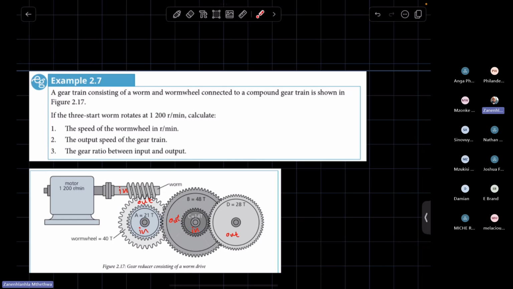Now remember with reduction gearboxes, it is called a reduction gearbox because of its purpose. The purpose of a reduction gearbox is to reduce the rotational frequency of the gears from the input to the output shaft.